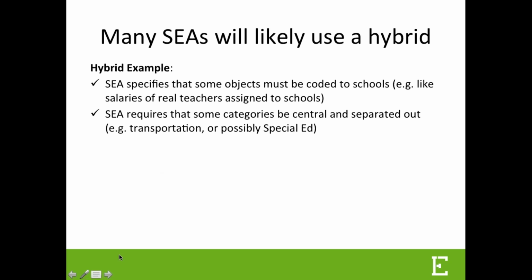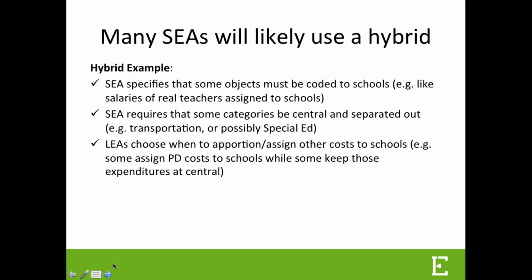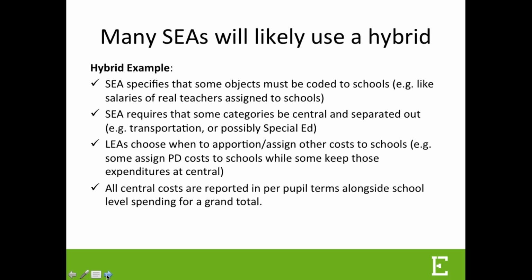Those are two things where the SEA might make some specifications, but they still may let the LEA choose when to apportion or assign all the rest of their costs to schools, where some might assign professional development to the schools, while some keep those central, and those conversations are just going to happen at each school.